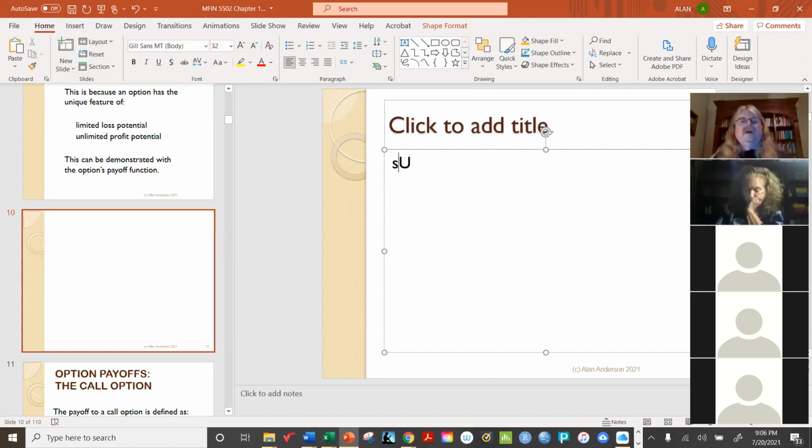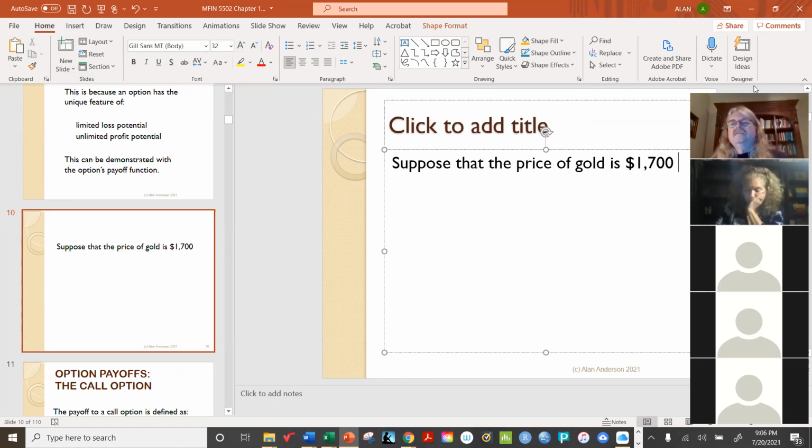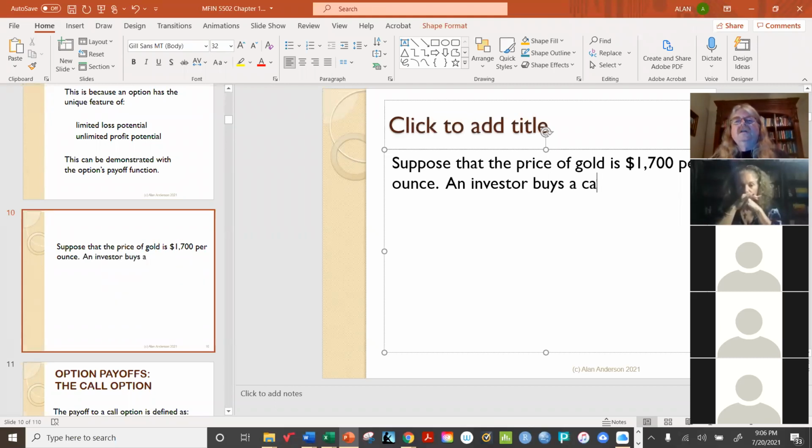All right, so suppose that the price of gold is $1,700 per ounce. An investor buys a call option on gold with a strike price, let's say $1,700 per ounce.